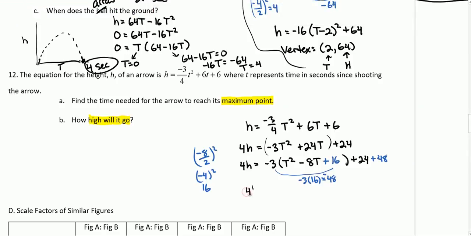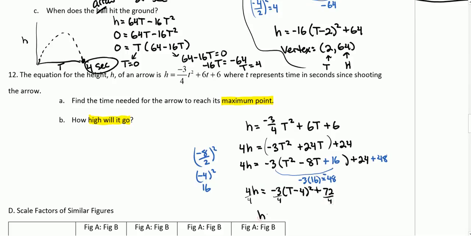So now 4 times h is negative 3 times t minus 4 squared, plus add 24 and 48 together to get 72. And then the last thing to do is to solve for h. So we're going to divide by 4. You divide these three pieces by 4.